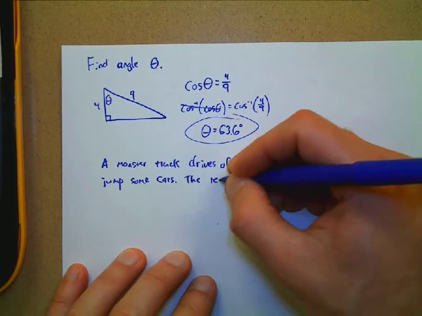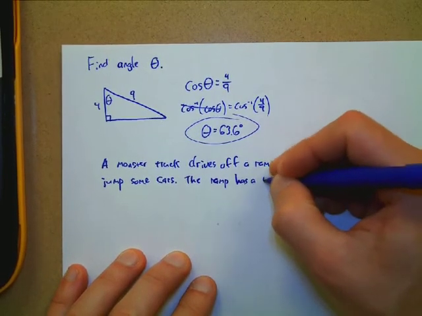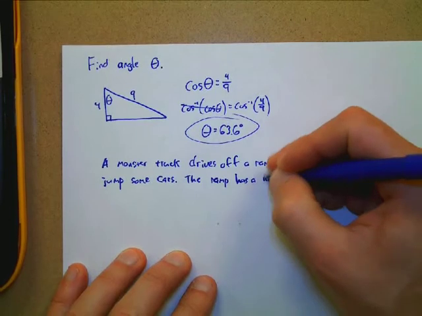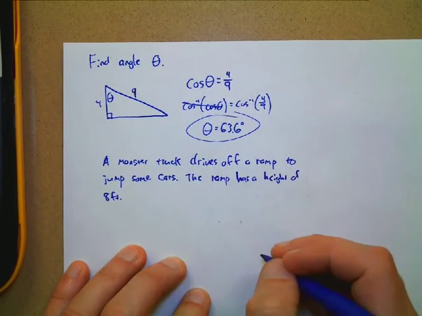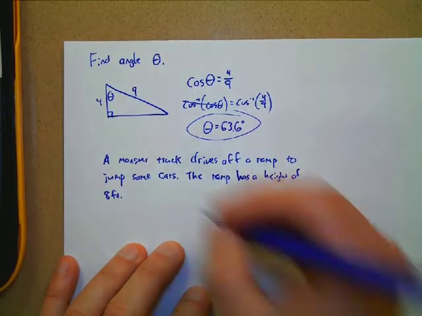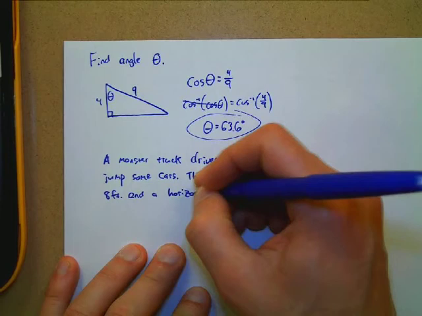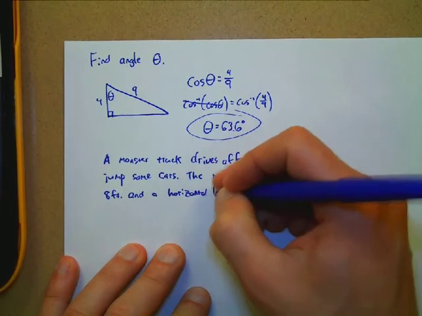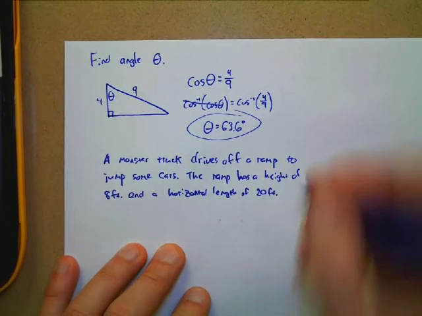The ramp has a height of 8 feet and a horizontal length of 20 feet. What is the angle theta of the ramp?